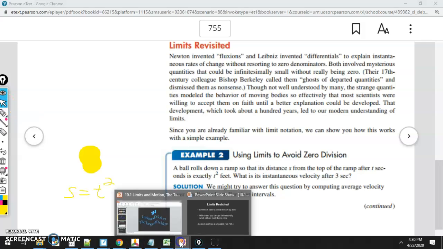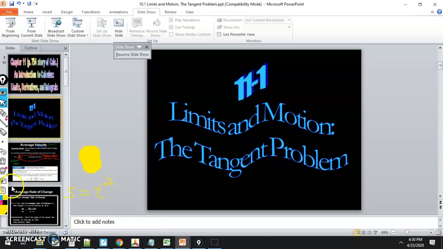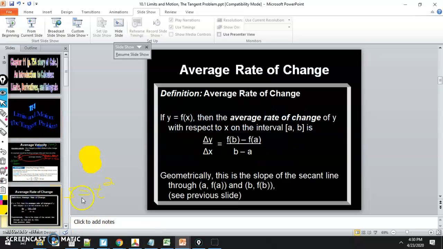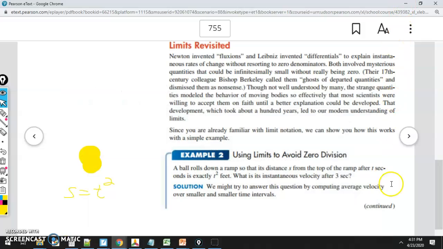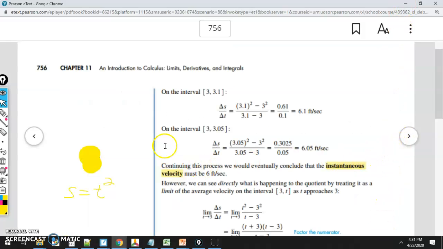Okay, so let me quickly flip back there for you. And that is the average rate of change formula right here, okay? And here the y value is the distance and the x value is the time to cover that distance. Okay, so let's look and see what the book did here. Flipping to the next page. All right.